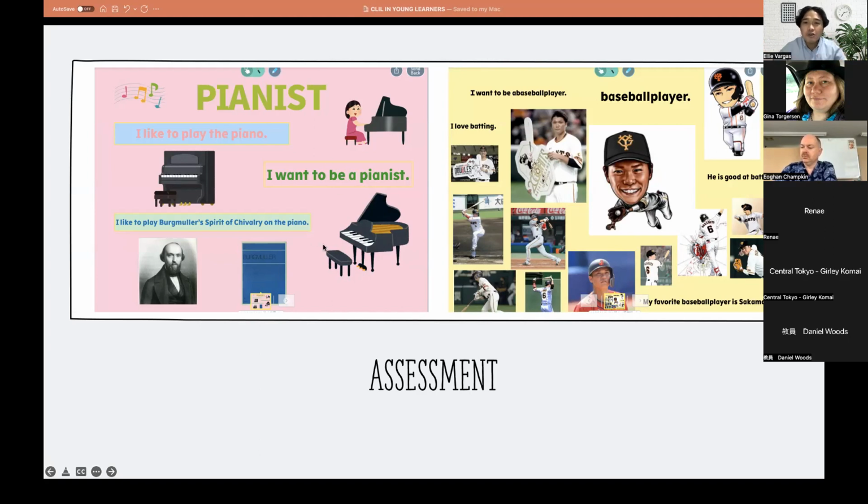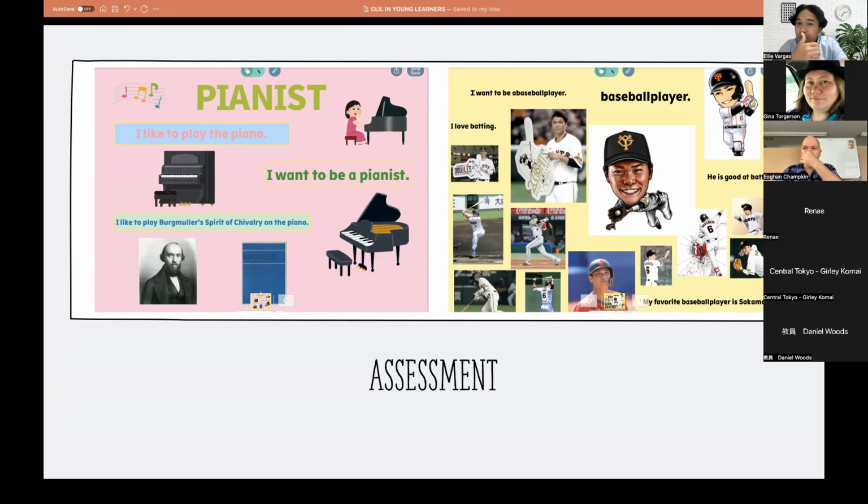And also you could harness students' creativity here because they try to design their poster by choosing a lot of pictures and putting them together. And here on the right side, there's someone who wants to be a baseball player, and you can see the English is not perfect.